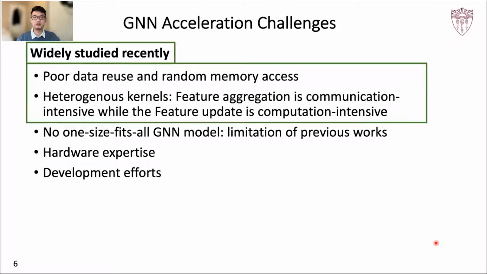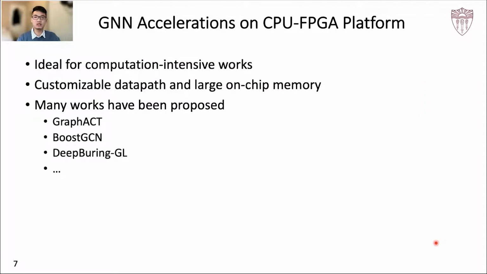Luckily, the first two challenges have been widely studied in recent years. Many previous works have accelerated GNNs on CPU-FPGA platforms. There are several reasons. For example, FPGAs are ideal for computation-intensive work like matrix multiplication. We can implement systolic array-based designs to do very fast matrix multiplication.